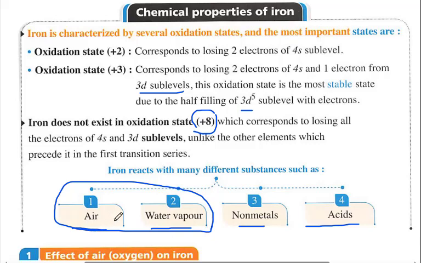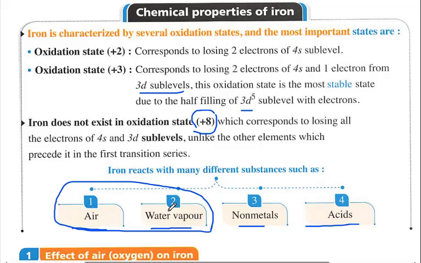So iron in air, there is no reaction. Iron in water and water vapor in normal condition, no reaction will happen. But if we heat iron to 500 degrees Celsius, in both cases it forms magnetic iron oxide.